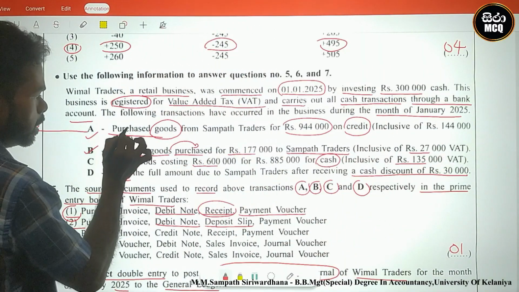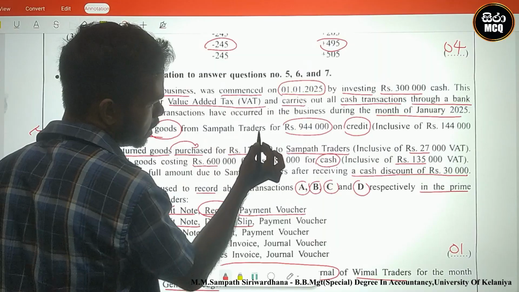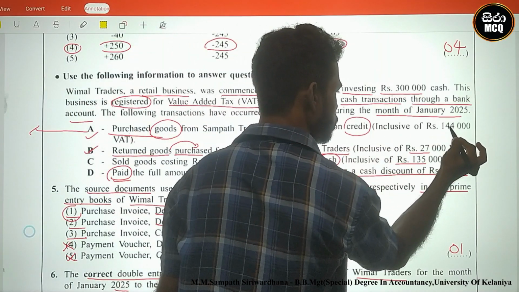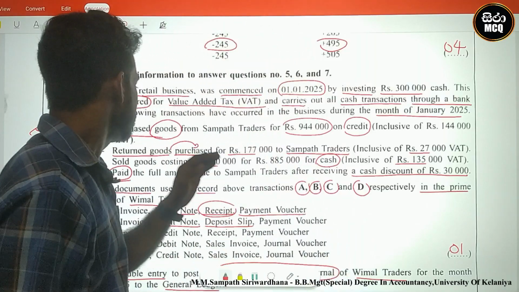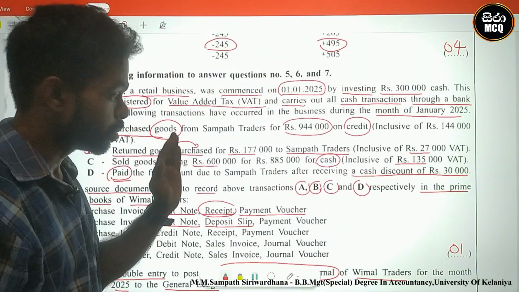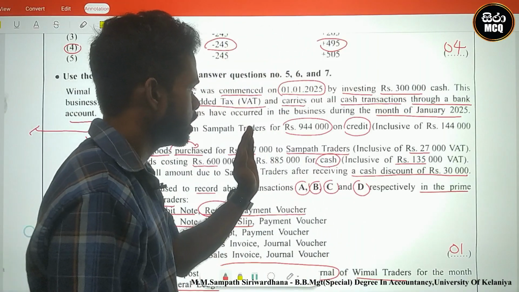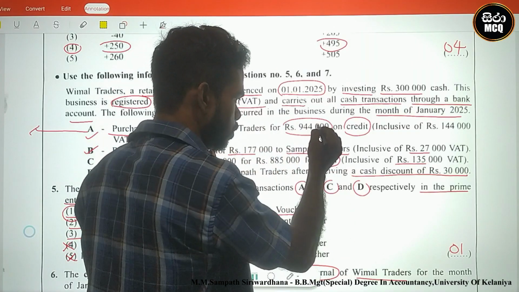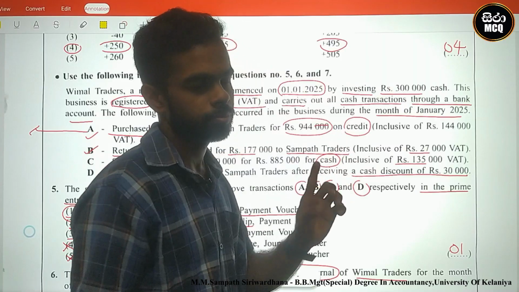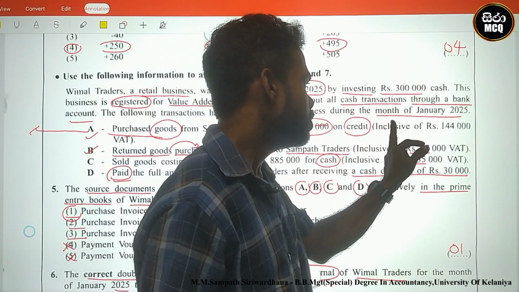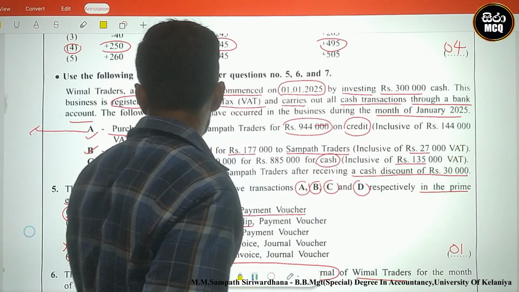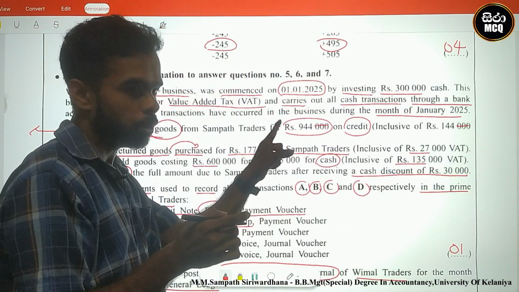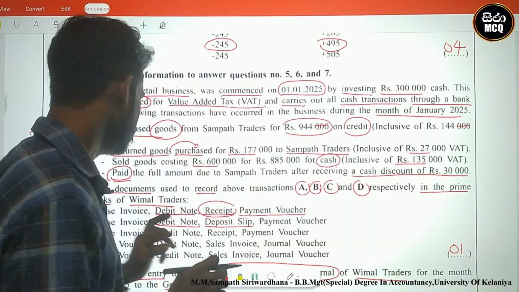First one, purchasing goods from Sampath Traders for 944 on credit, inclusive of 144 VAT. Inclusive means this amount includes the VAT amount.